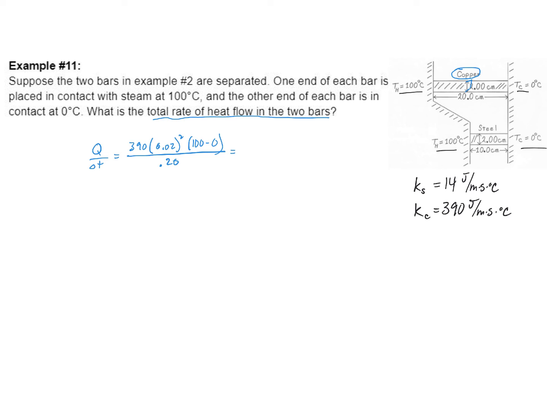I'm going to go ahead and write down the formula for the steel one, and then we'll punch both of those into our calculator at the same time. So Q over delta T, now I'm doing the steel. So the steel has a K value of 14, then 0.02 squared, 100 minus 0, because it's the same hot and cold there, and then divide by the length, which was 0.10.